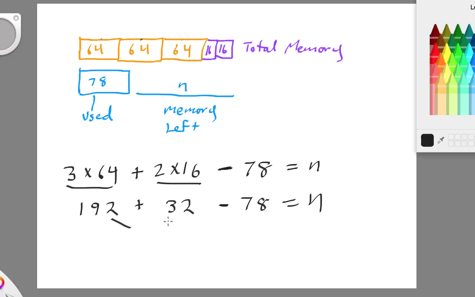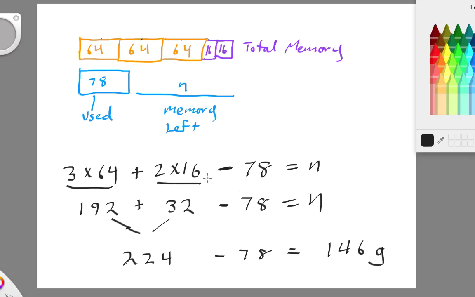If I put these two together, I get 224 minus 78. And if I go ahead and do 224 minus 78, I'll get an answer of 146 gigabytes. And that should be the same answer that you'd already worked out.